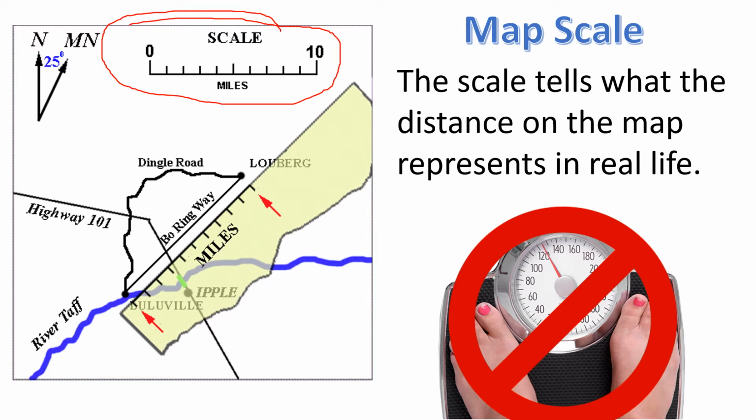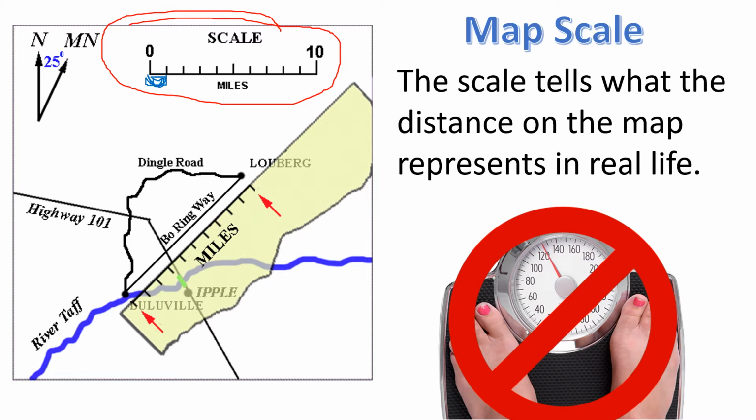This map scale shows that from one point, the 0 to the 10, represents 10 miles. So every section right here is 1 mile. If you've ever run a mile or walked a mile, you know that's a pretty long distance.